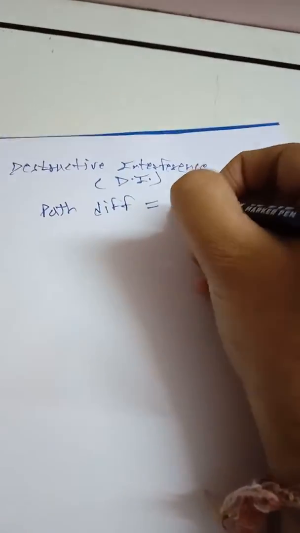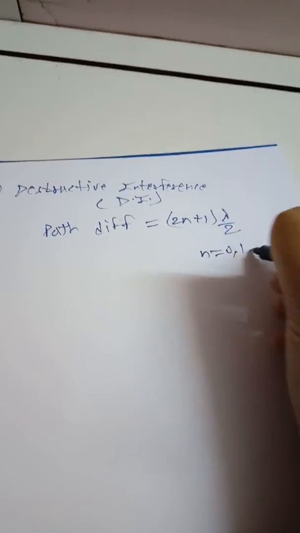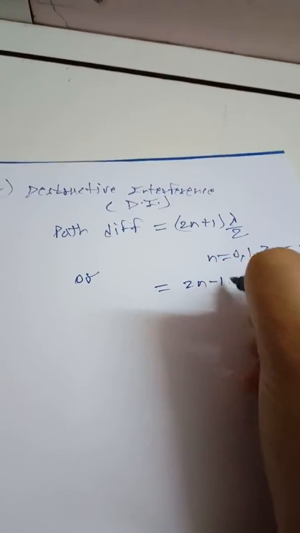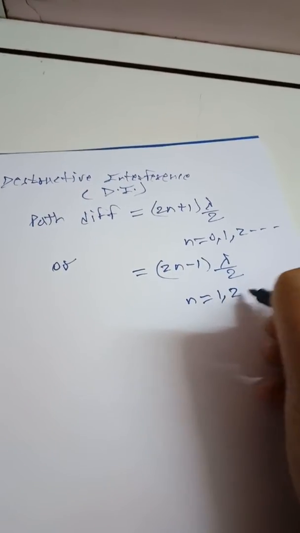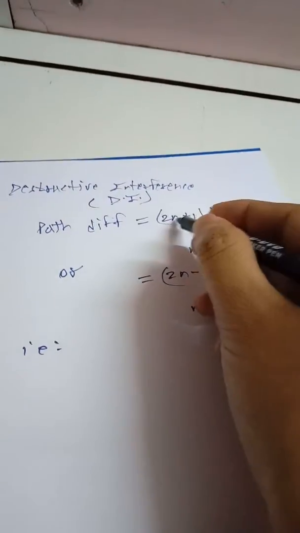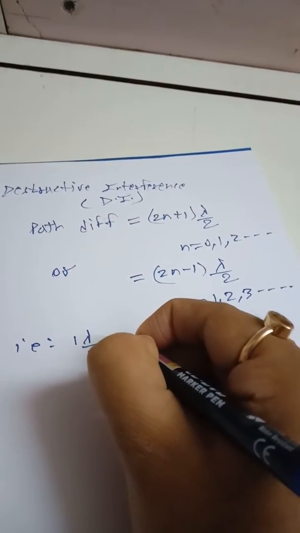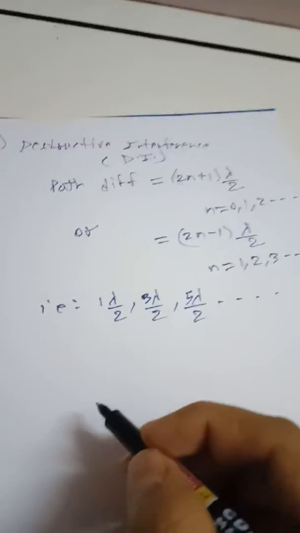The path difference should be an odd integral multiple of half the wavelength of light, 2n plus 1 times lambda by 2, where n is equal to 0, 1, 2, 3 and so on, or it can be 2n minus 1 times lambda by 2, where the value starts from 1, 2, 3 and so on. If I substitute 0, it will be 1 lambda by 2, then there will be 3 lambda by 2, 5 lambda by 2. At all these points destructive interference will take place.